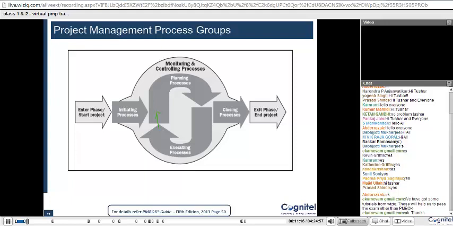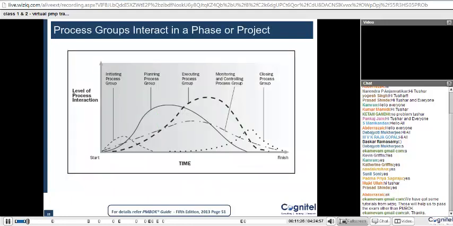And monitoring and controlling would keep on going right from the start till the very end of the project. Now let's look at one of the graphs. This graph is talking about how the process groups interact in a phase or a project.